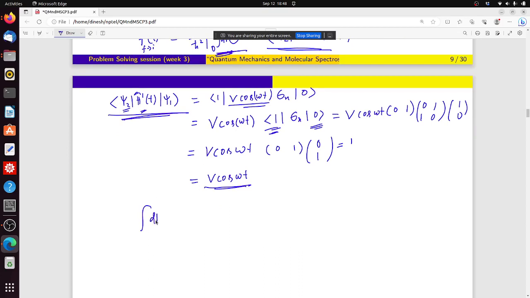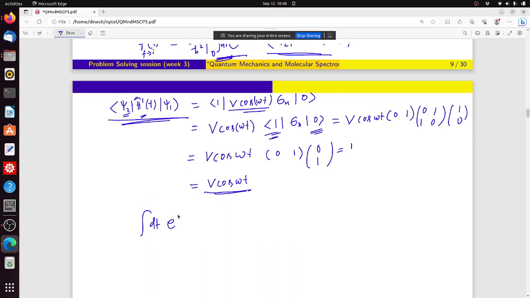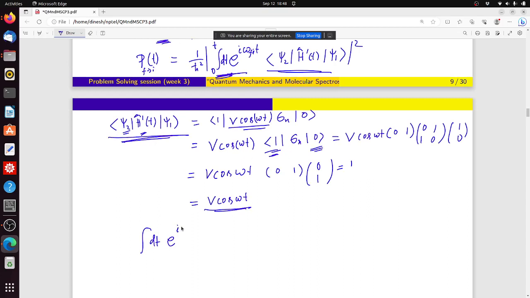This will be the integral dt e to the power i omega fi t V cos omega t, with limits 0 to t. Any idea how to solve this? Any suggestion? V is constant, so I can take it out.